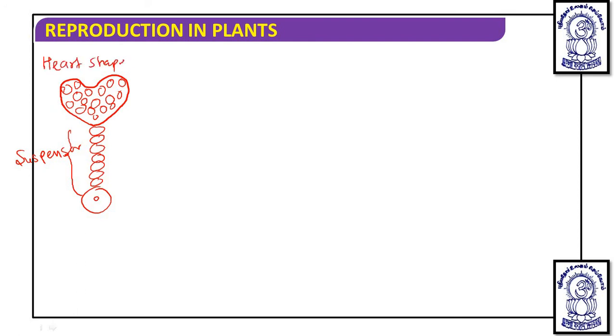So many cells are there, and here you will see the 6 to 10 celled suspensor. And this is a heart-shaped embryo. So it is the heart-shaped stage.